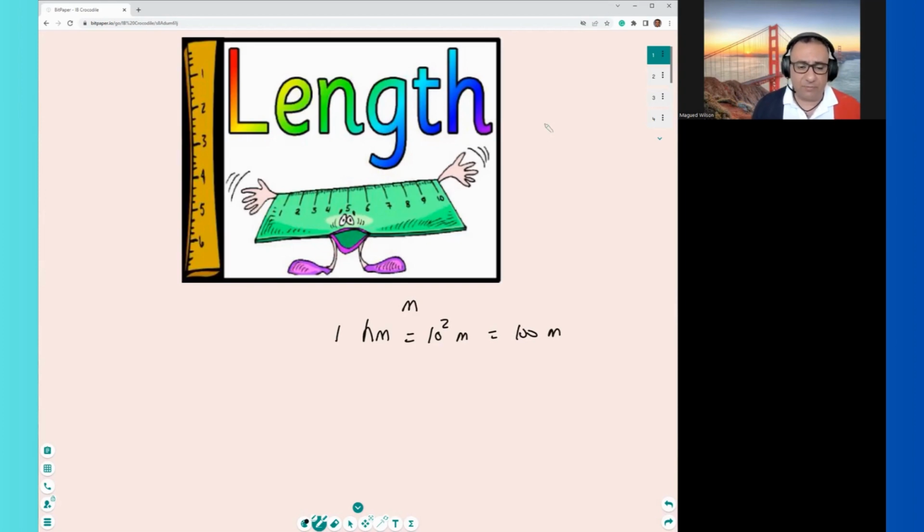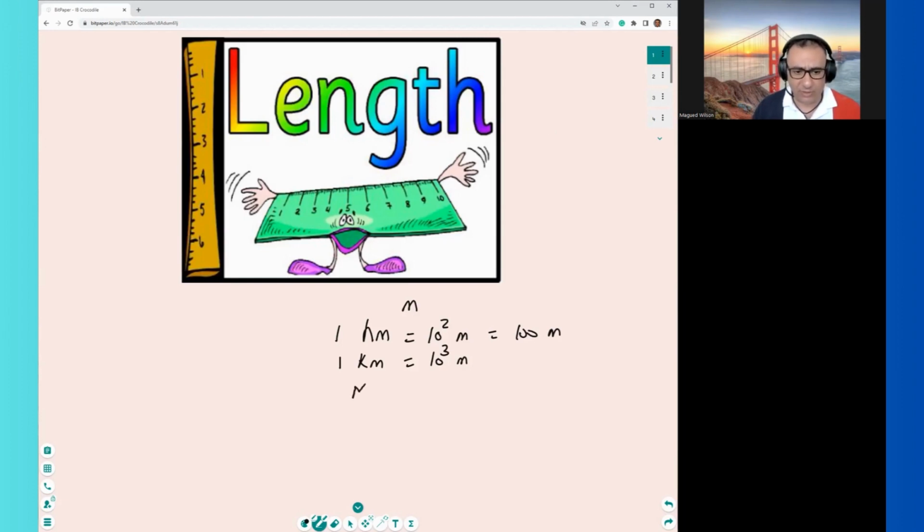Another example of a prefix, of course more common, more popular than hecto, is kilometer or kilo. So kilo is 10 to the power of 3. So 1 kilometer is 1 times 10 to the power of 3 meters. Another one, let's say mega.